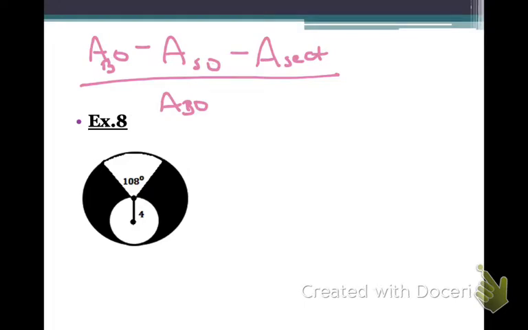And that's going to have to be our plan. So here we go.